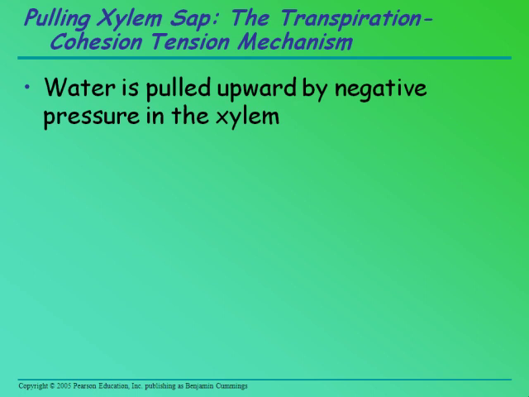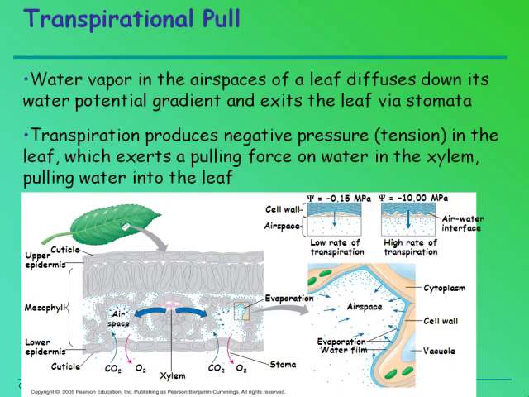So water is pulled upward by negative pressure in the xylem. So here's the transpirational pull. In transpiration, water vapor, shown as these little blue dots here, diffuses from the moist air spaces of the leaf to the drier air outside the stomata.